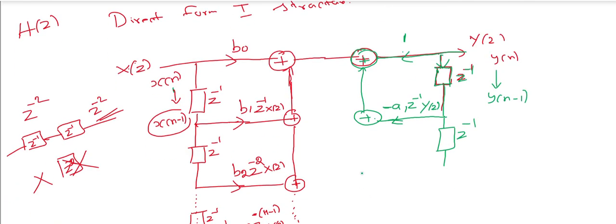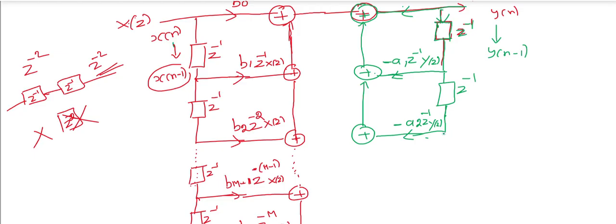So the scaling now, the adder. So what is the coefficient here? So the coefficients minus a2 z inverse y of z. Okay. So 1 minus a1 z inverse y of z plus minus a2 z minus 2 y of z. So continue this one.